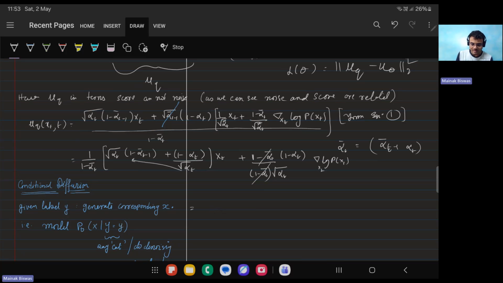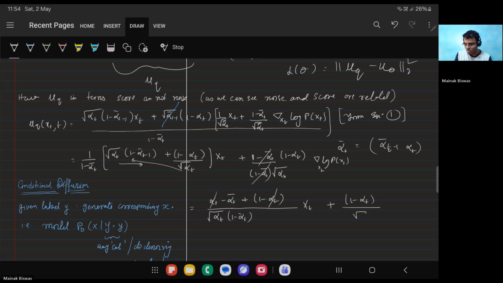I'll multiply this by alpha t and I'll get 1 by alpha t root over, or rather, alpha t minus alpha t bar, because I'm opening this bracket out, plus 1 minus alpha t. This gets cancelled. xt plus 1 minus alpha t root alpha t gradient of xt log of p of xt.